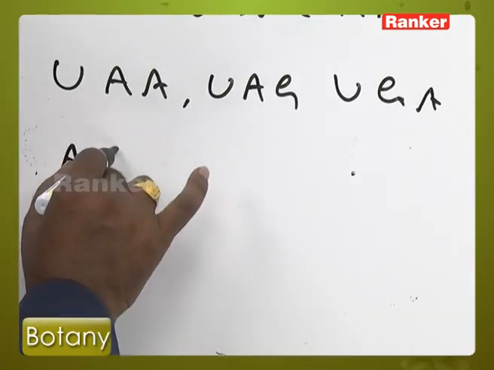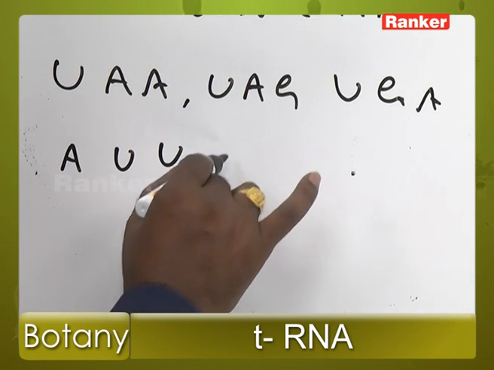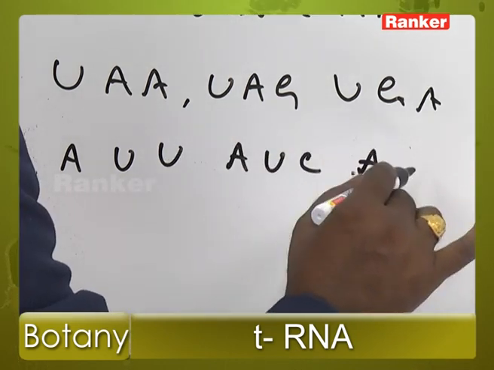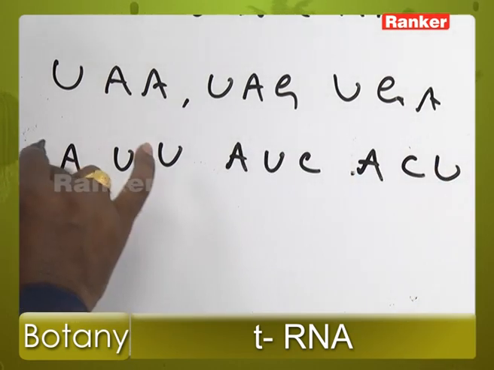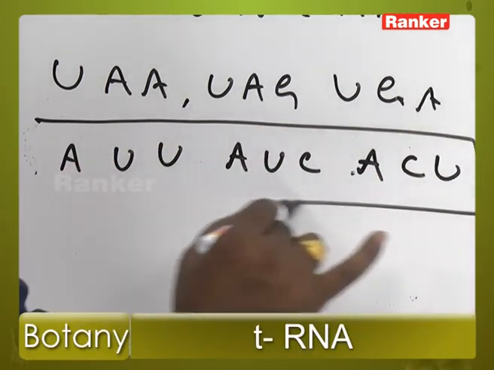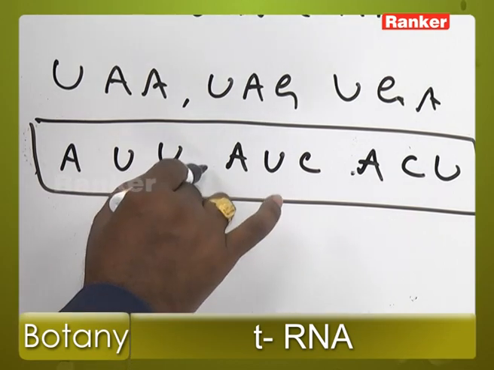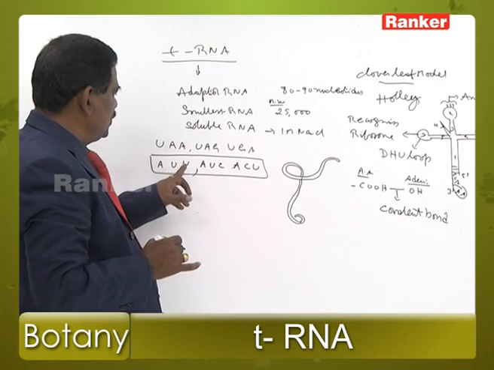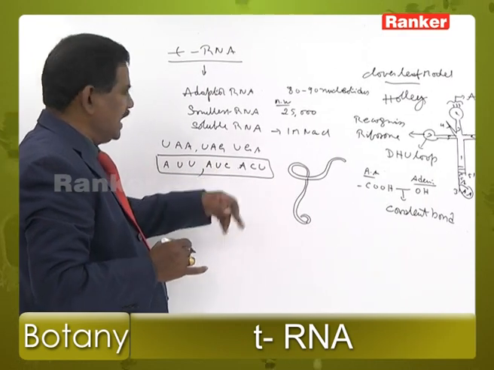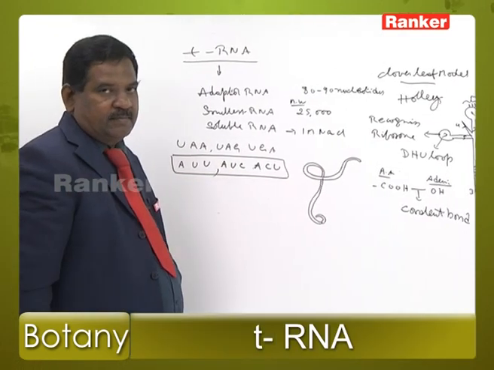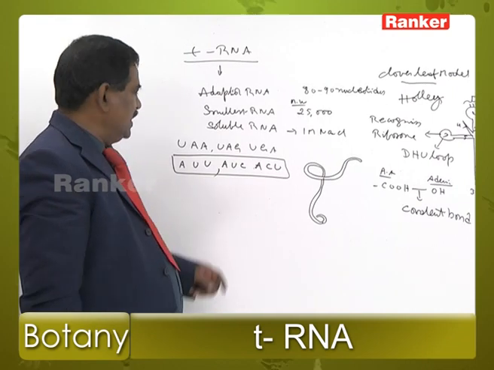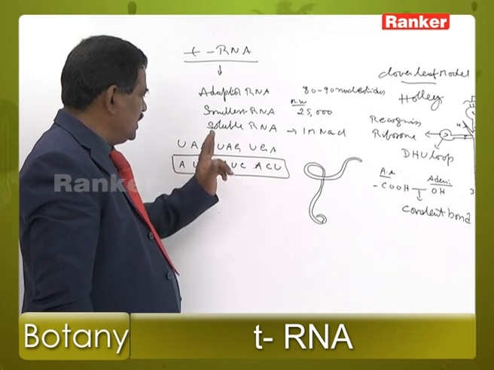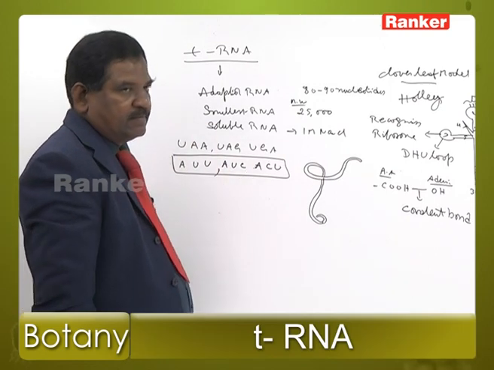Their anticodons would be AUU, AUC, ACU. So t-RNAs with anticodons AUU, AUC, ACU are absent.